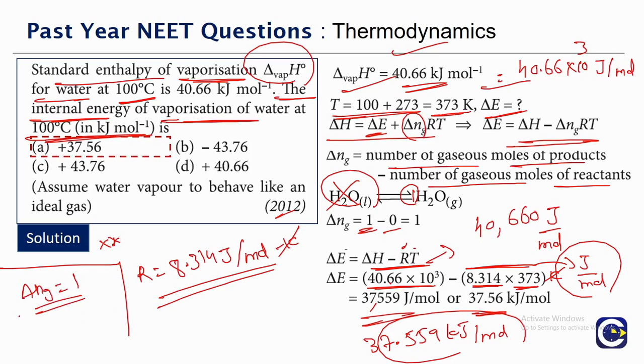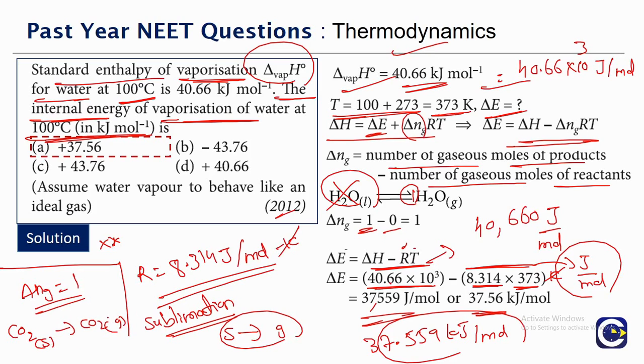And similarly in the case of sublimation, there is no such problem here, but if there is any question on sublimation, we go from the solid state to a vapor or gas. For example, we put CO2 in the solid state and it becomes CO2 gas, because CO2 undergoes sublimation.